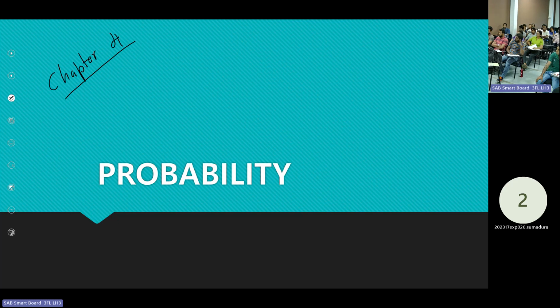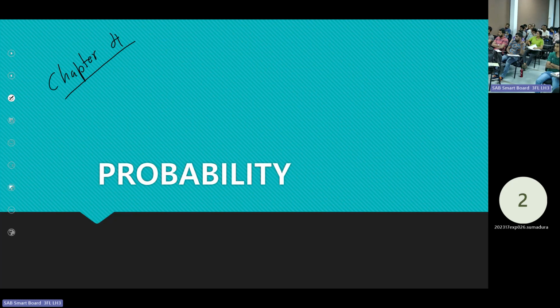The problem will be given as a story, and from that story you have to identify whether these conditions are satisfied, and then it belongs to this distribution.